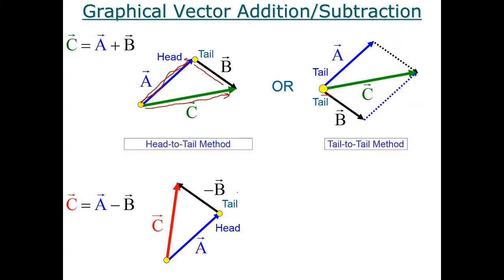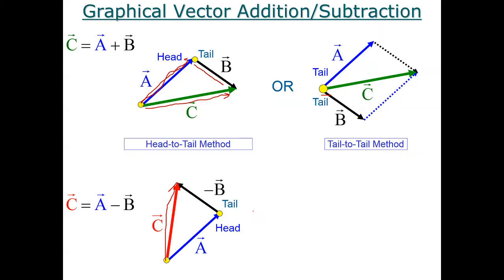Basically A minus B is the same thing as A plus negative B. So we add head to tail our A vector, same one as we just did, and then our negative B vector, which is the B vector from before flipped around 180 degrees. From the tail of A to the head of negative B, this then gives us our new vector.